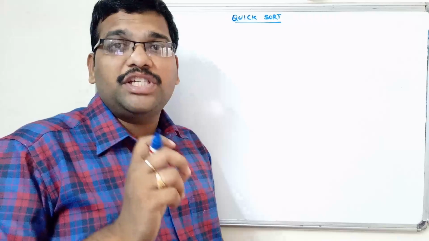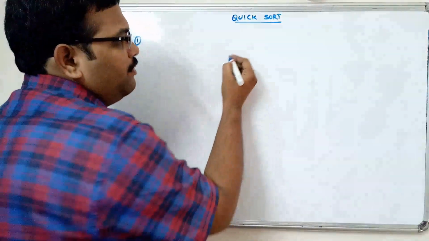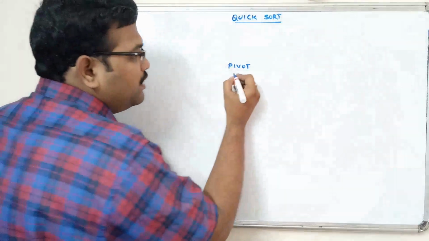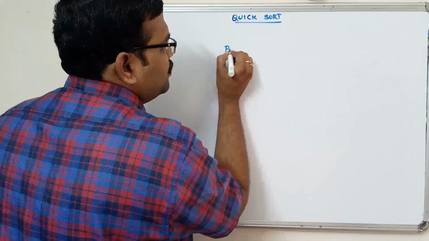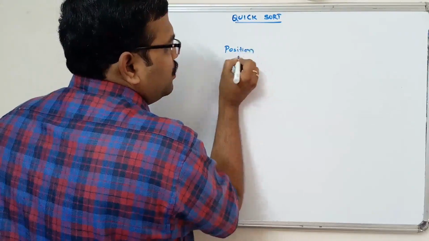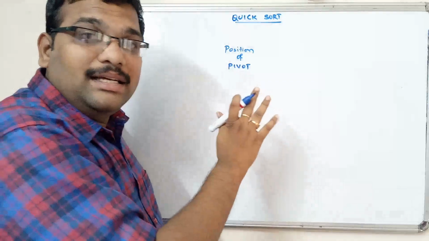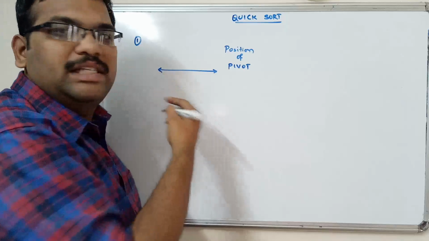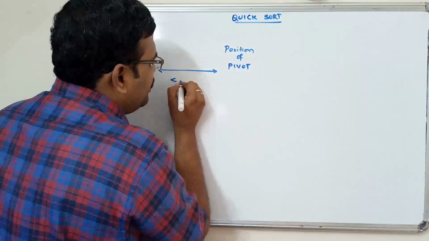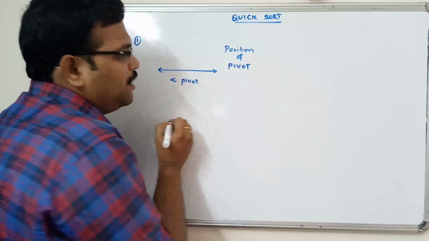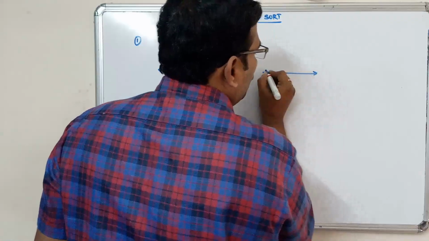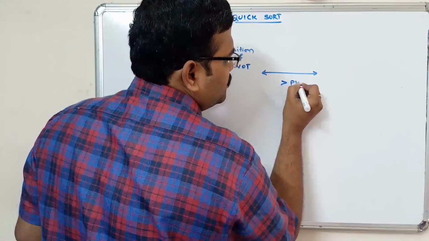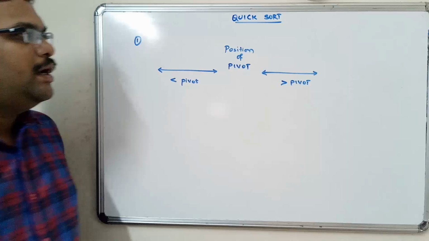We have to find the position of the pivot such that all the elements to the left of the pivot are less than the pivot element, and the elements on the right side of this position are greater than the pivot.